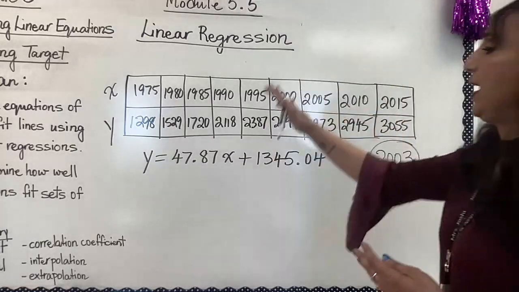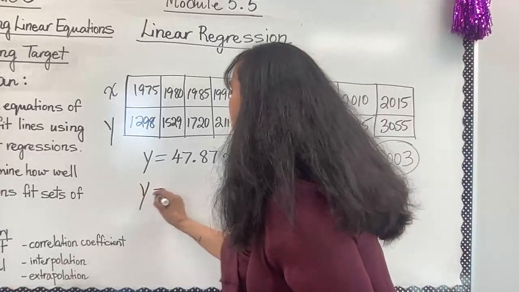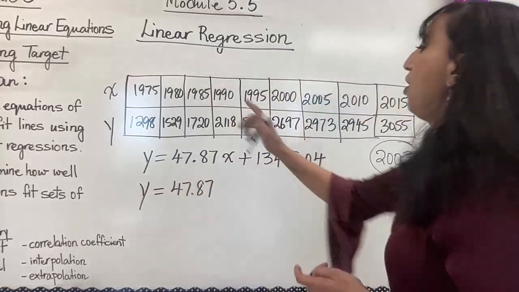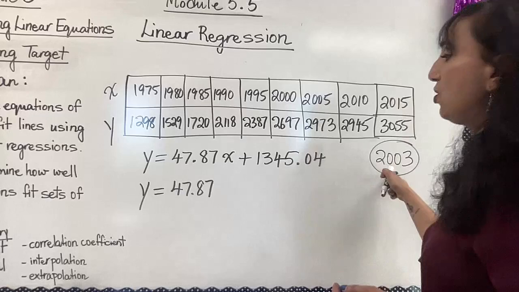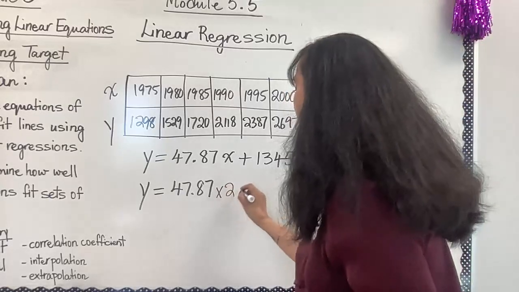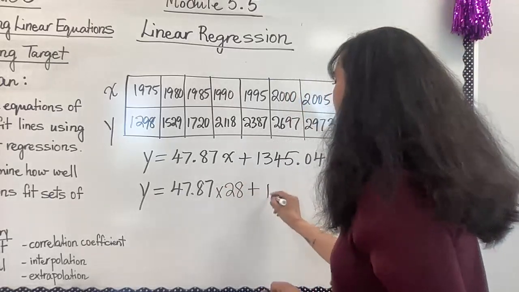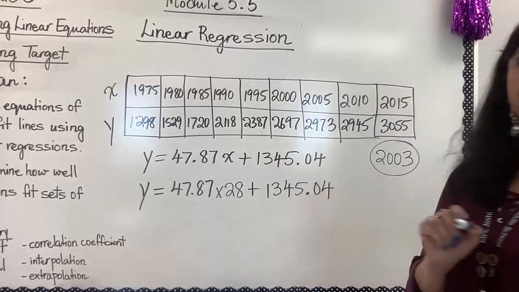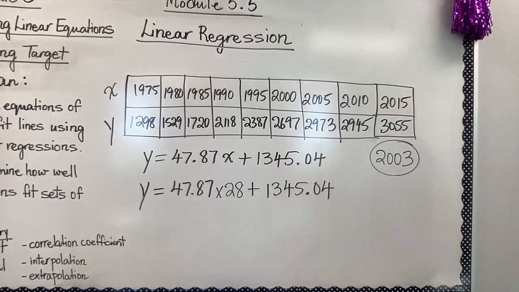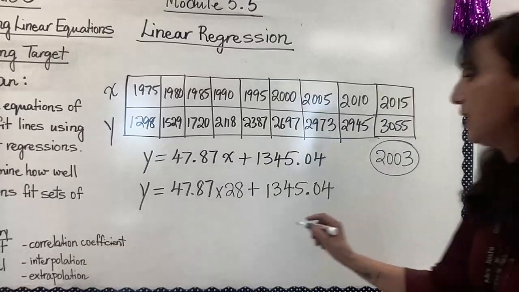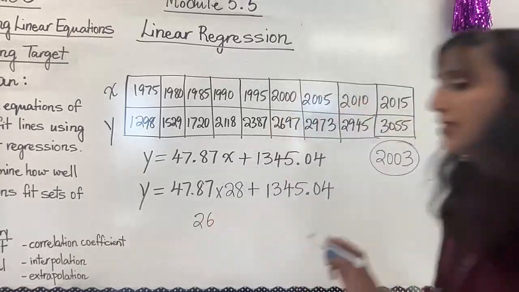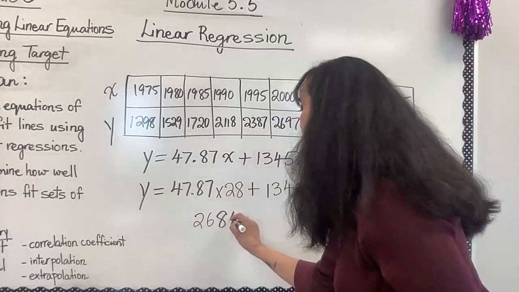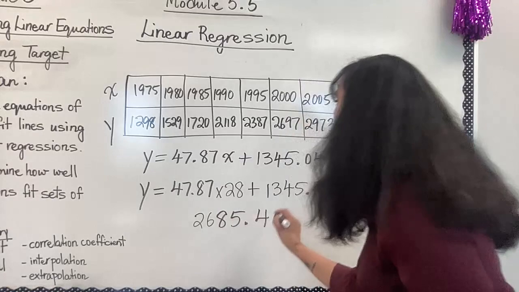I'm going to substitute the value of x, from 1975 to 2003. This is going to give me 28 plus 1345 and 400. When I simplify this, I get 2,685 and 4/10.